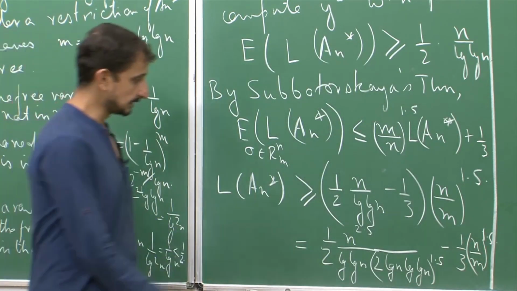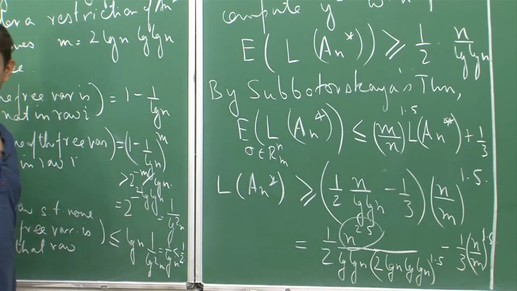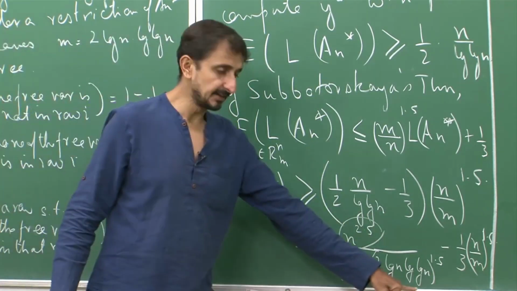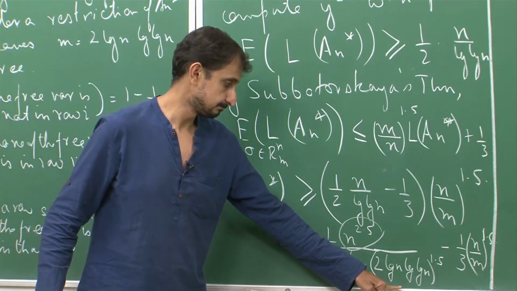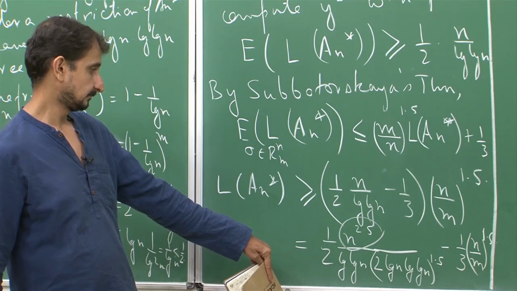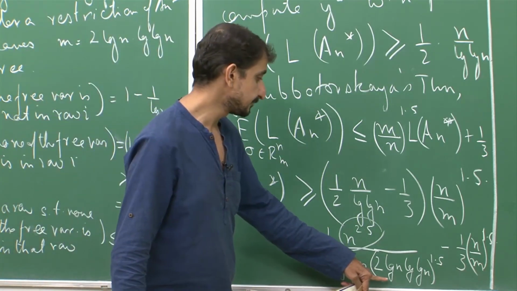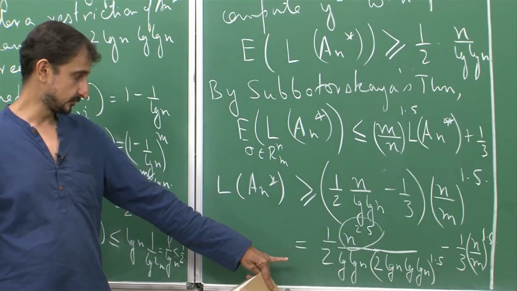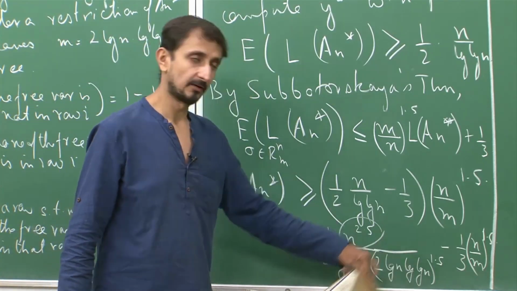Now, if you look at this term, this is actually the dominating term over here, and what we have in the denominator is something that is smaller than n, one can show, because I have log n and then 2 log n to the power 1.5.